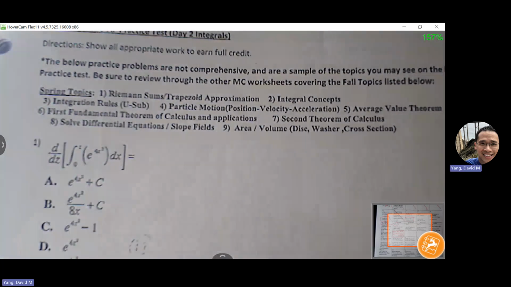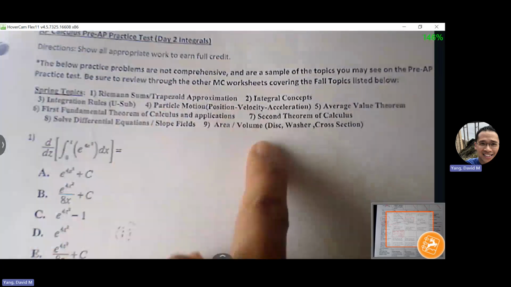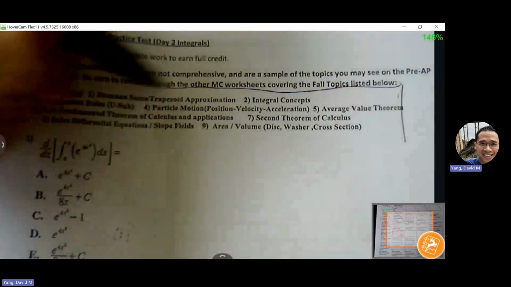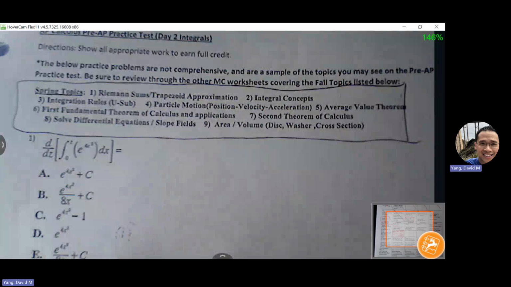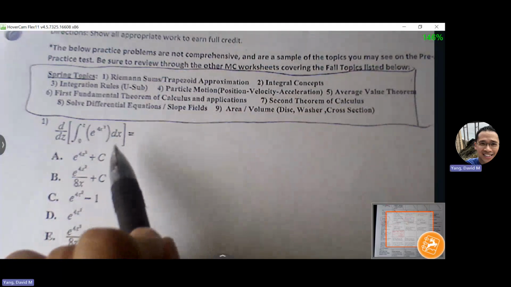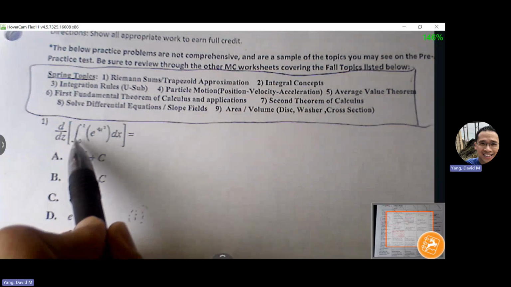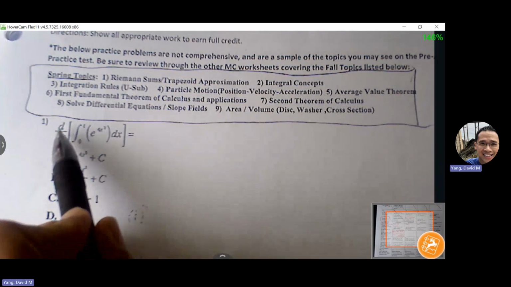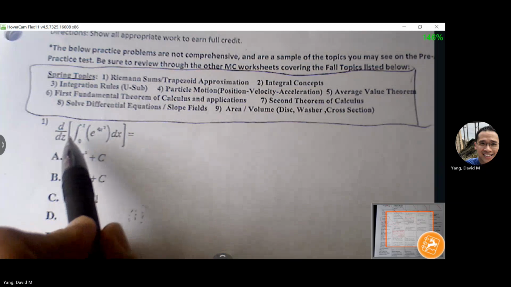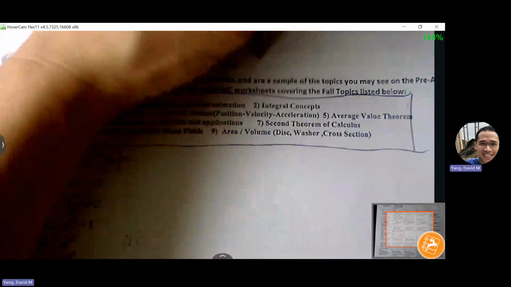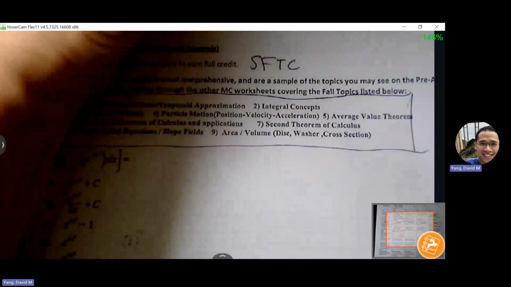So again, at the top, you're going to see these are the topics that we are focused on for Tuesday's test. And let's look at number one here. Number one says find the derivative of a definite integral. What does this remind you of? What theorem is this? Second theorem, right? So the second fundamental theorem of calculus.